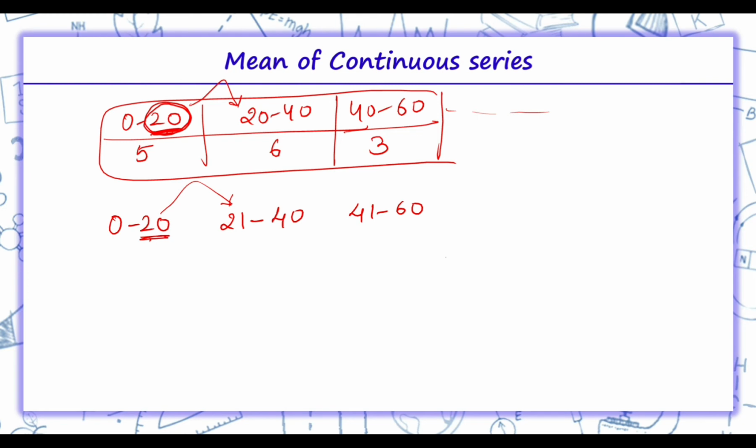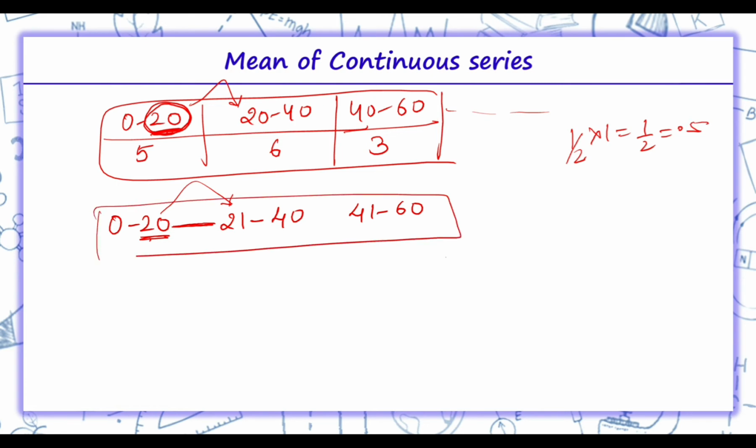So for converting it to continuous, over here as we can see the difference is 1. Whatever the difference is, we take half of that difference, so over here half into 1 is 0.5. So to convert this type of data into continuous, we'll subtract 0.5 from the lower limit and add 0.5 to the upper limit.